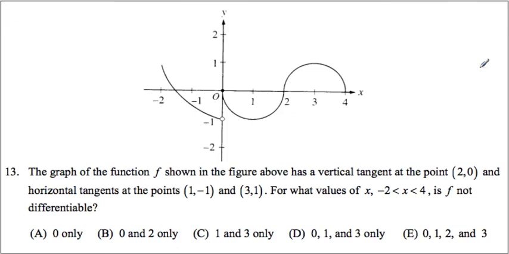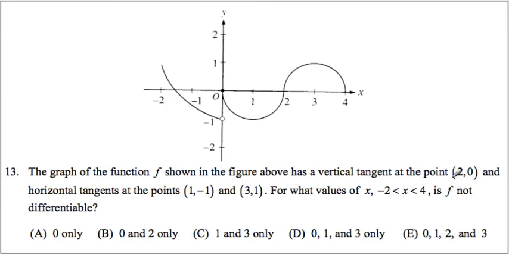Number 13. The graph of the function, shown above, has a vertical tangent at the point 2, 0, right over here, and horizontal tangents at 1, negative 1 and 3, 1. For what values of x from negative 2 to 4 is f not differentiable?